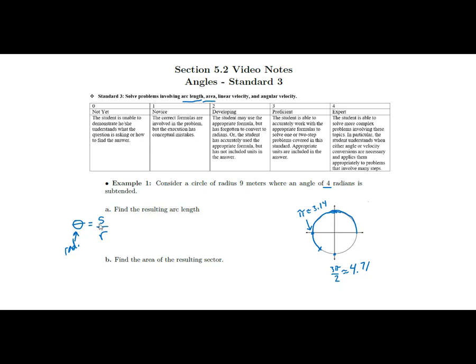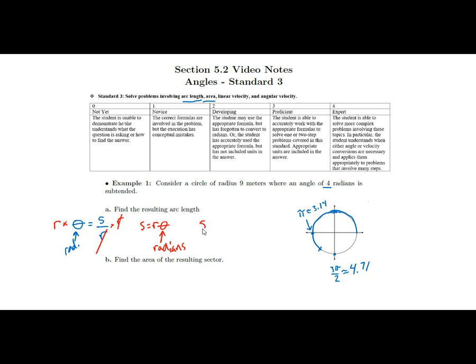So we can take this formula that we already know and solve it for the arc length. This gives us a new way of looking at it: arc length is the radius times theta, where we make sure that theta is in radians.